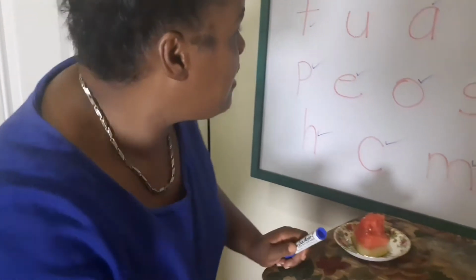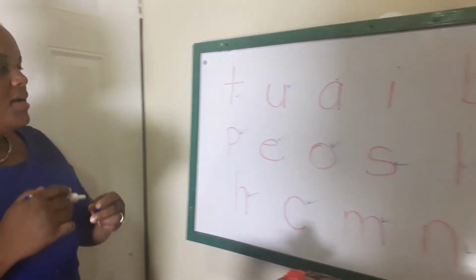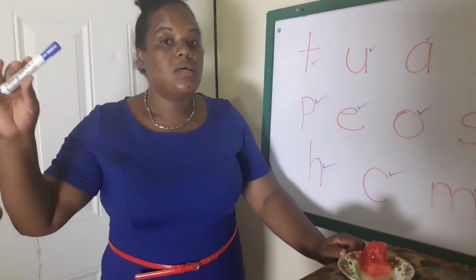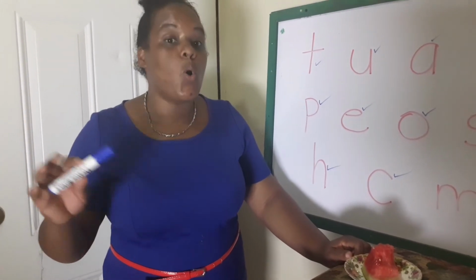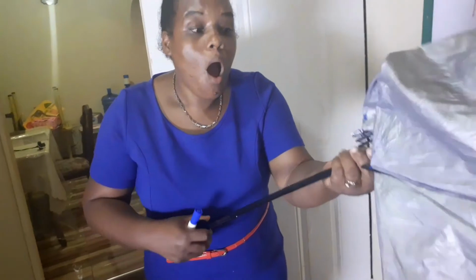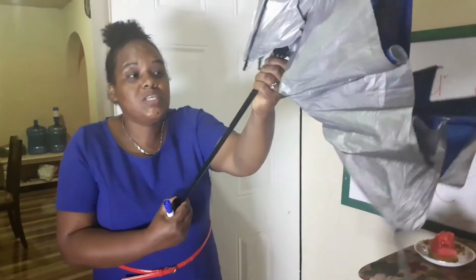All right. U. Can you make the sound of letter U? U says O. Almost sounds like letter O. So, little Minnie Mouse has an umbrella. When do we use this umbrella?